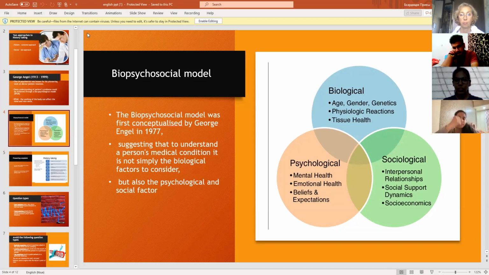Then there are psychological aspects, which include mental health, emotional health, beliefs, expectations. It is very important if the patient is having some kind of psychological disorders or some traumas to handle. And then the most important, which we face every day, the sociological aspects, like how the relationship of the person is with their colleagues, with their parents, with their friends, with the people in the surrounding, basically.